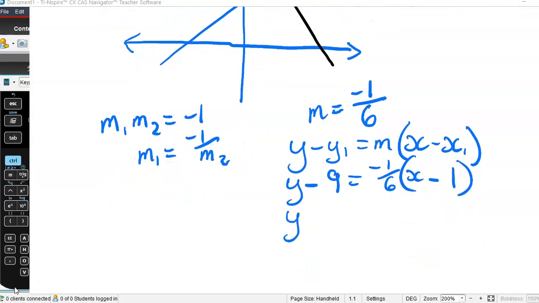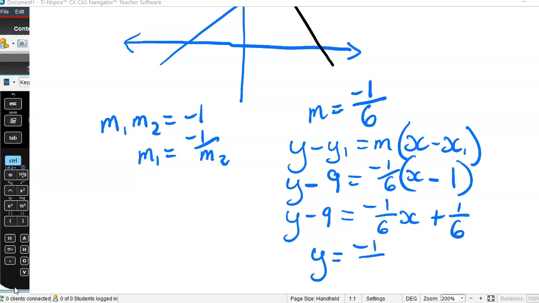Okay, so y minus 9 equals -1 on 6 x, -1 over 6 times by -1 gives you a positive answer. Okay, so y equals -1 on 6 x.